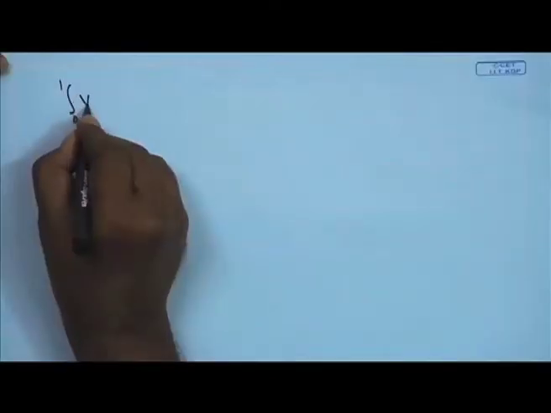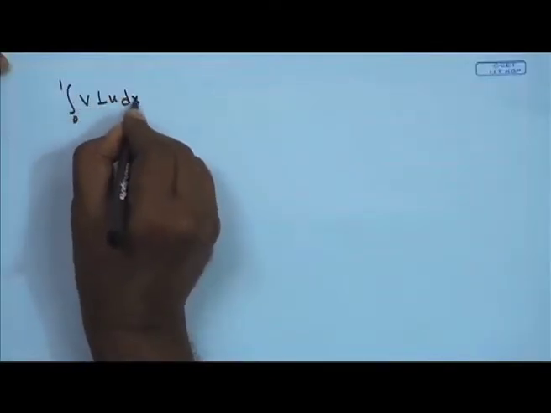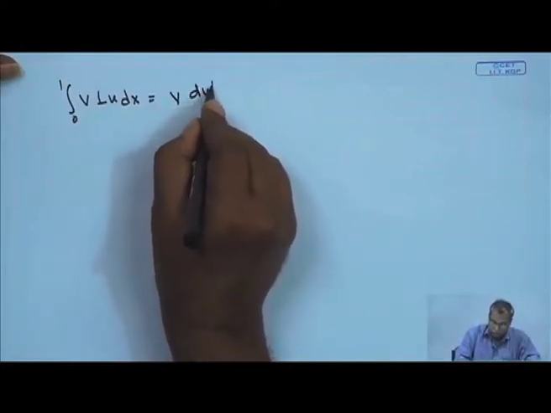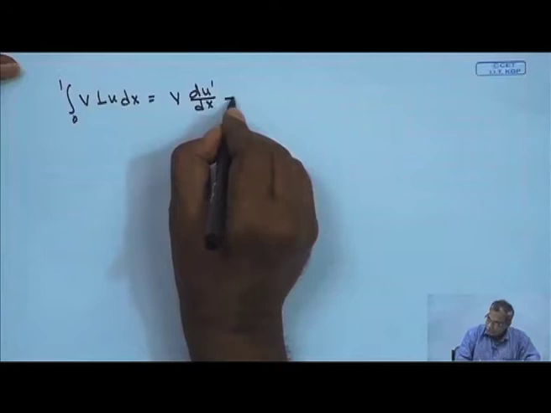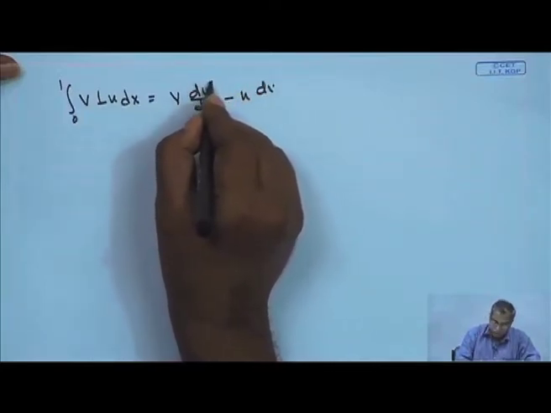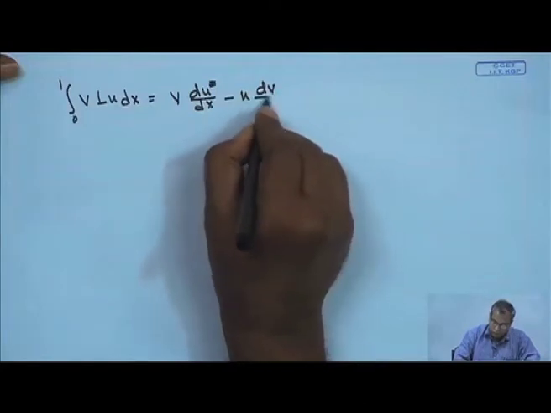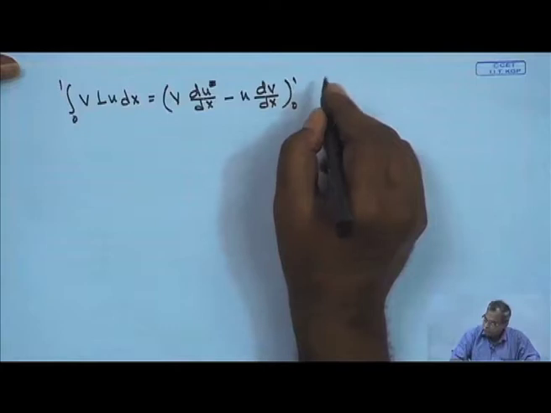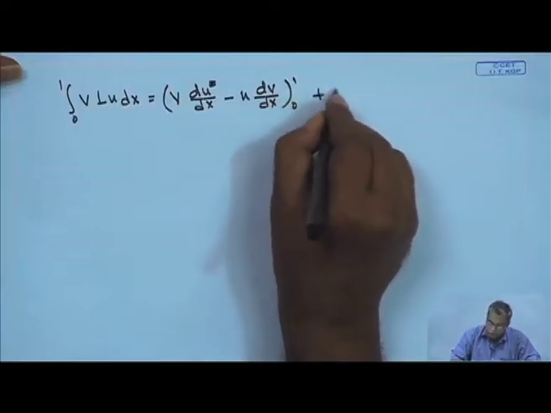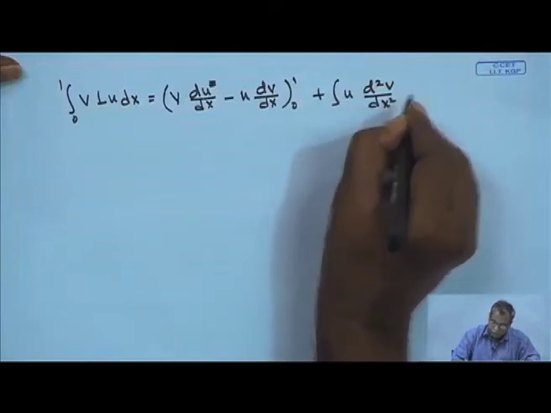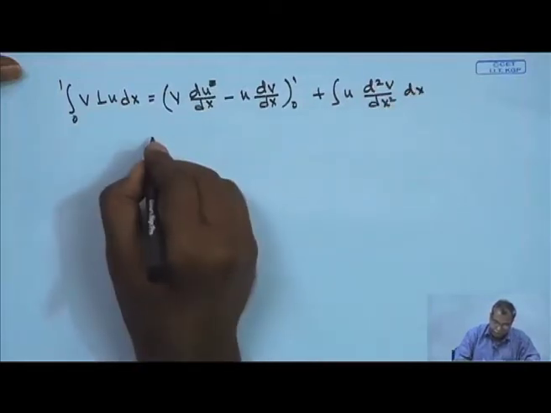So integral 0 to 1 v L u dx in this particular case becomes v du/dx minus u dv/dx evaluated from 0 to 1 plus integral of u d squared v by dx squared dx.